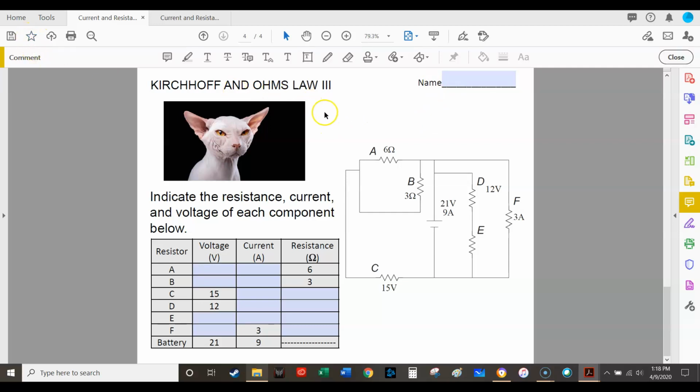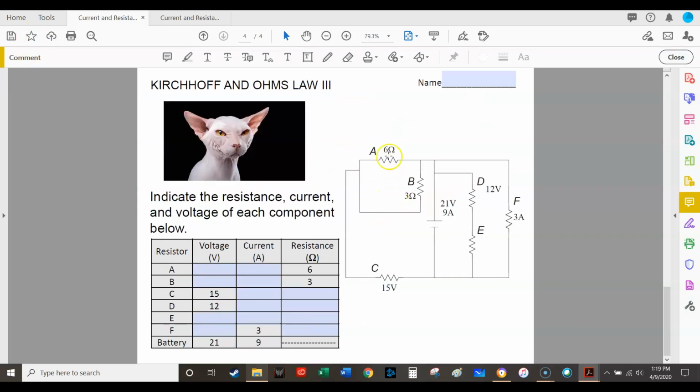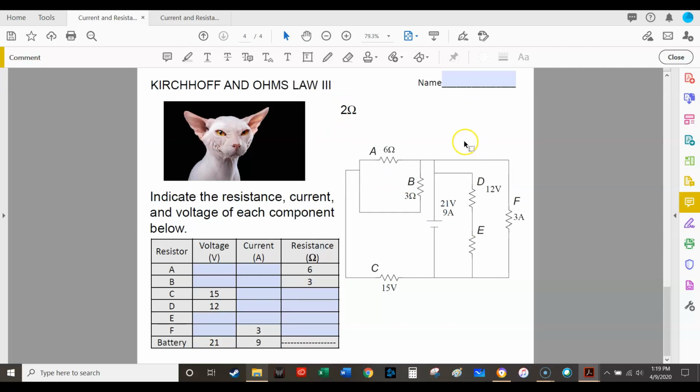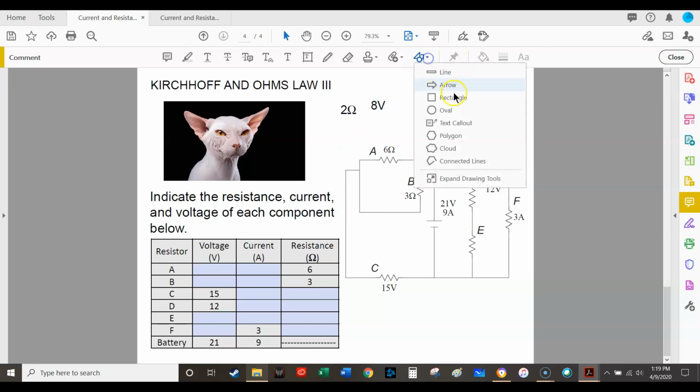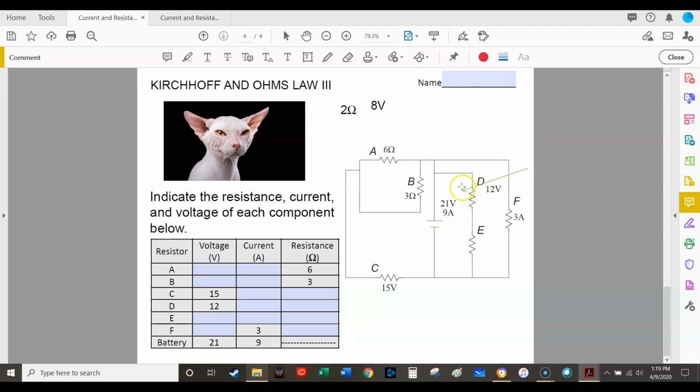Okay. We're back. What I'm going to do is grab some values here and just leave this so I have these little tools ready. And leave this to the side. All right. I'm going to start by following the current that is coming out from the battery.